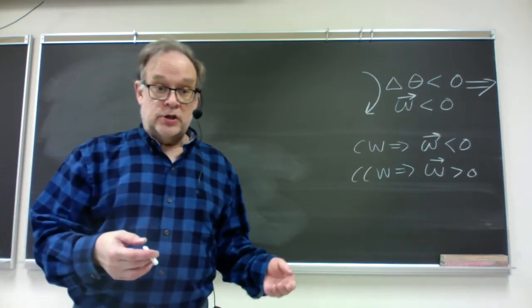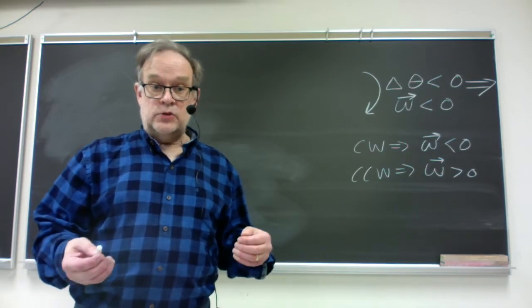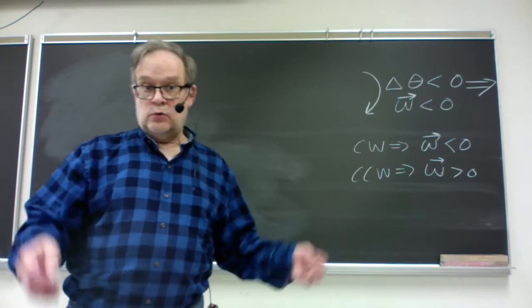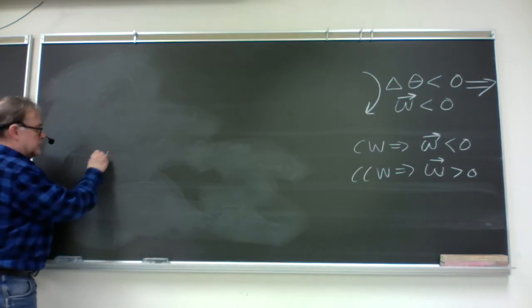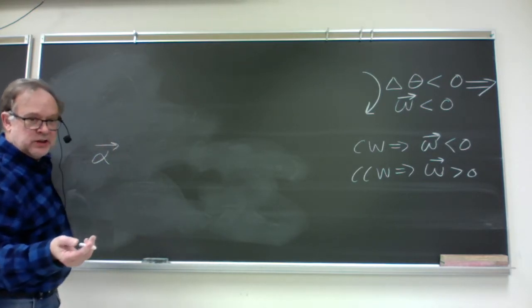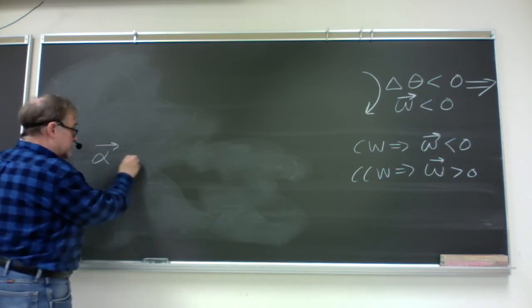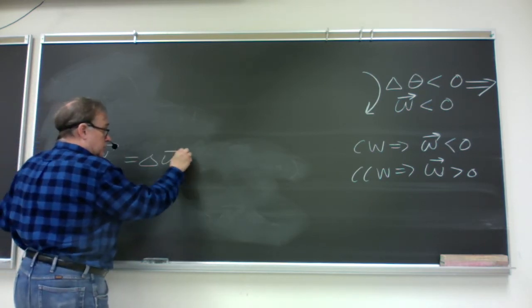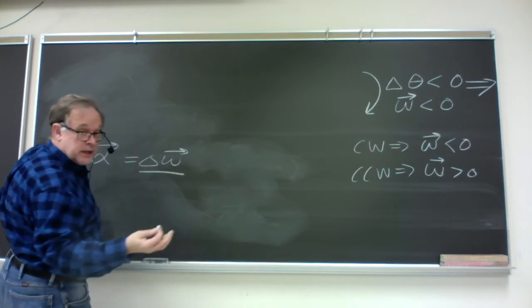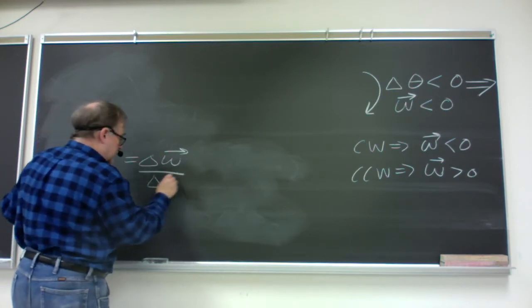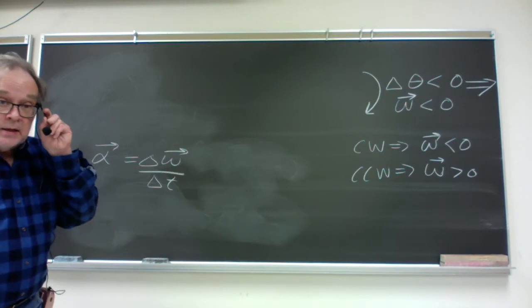And the rate of change in angular velocity is what we'll call angular acceleration. The definition for angular acceleration looks very much like the definition for meters per second acceleration. It's change in velocity, this time angular velocity, divided by the length of time it took to make that change.